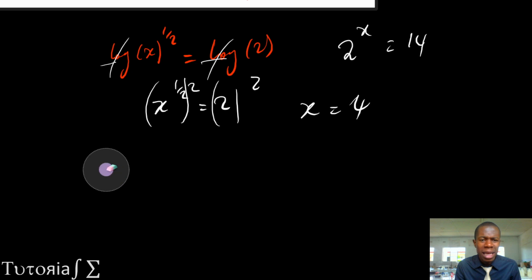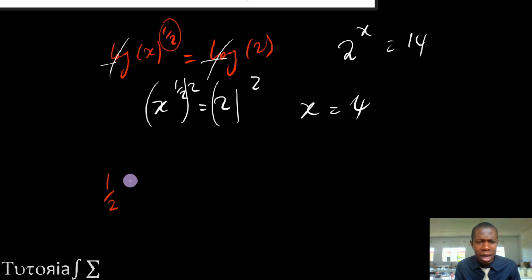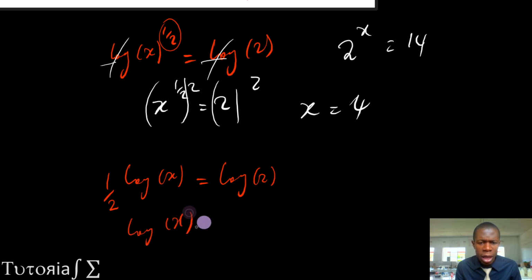But the second method is where we consider that we can drop this power. So we drop the power. So we have 1 over that, log of x equal to log of 2. Okay, so this will multiply, this will be log of x equals 2 log of 2. Now you can punch this on your calculator.